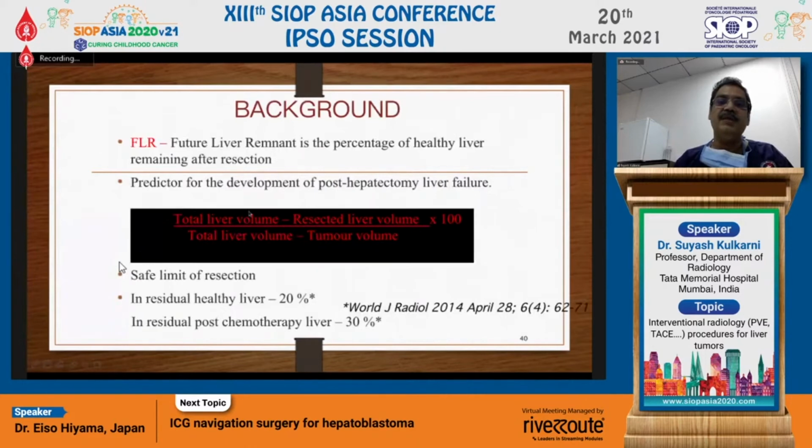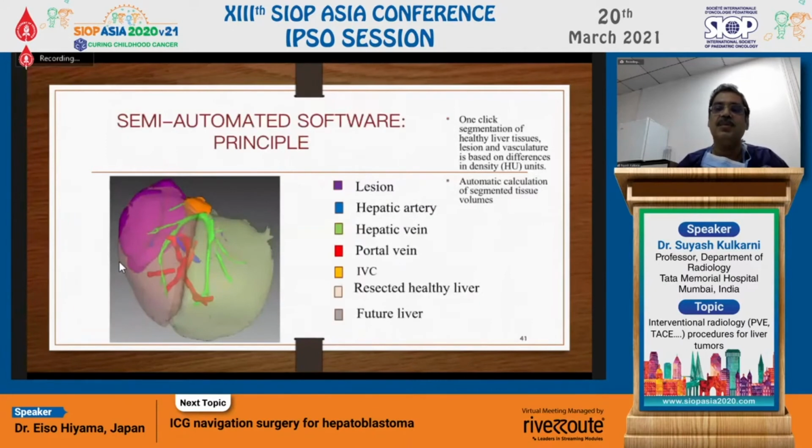Usually the FLR is calculated by subtracting the volume of the tumor from the volume of the liver. As a thumb rule, for a healthy liver the residual should be more than 20%, and after chemotherapy we should have at least more than 30% FLR. If not, then a procedure called portal vein embolization can be useful.